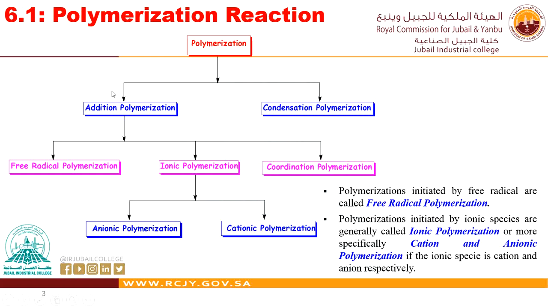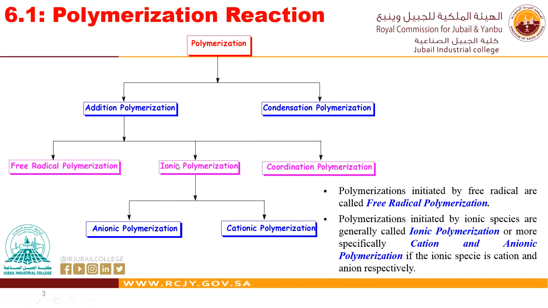Now, addition polymerization is subdivided into three. This depends on the materials or the catalyst that is used during the polymerization. If a free radical is used during the polymerization, then that is called free radical addition polymerization.